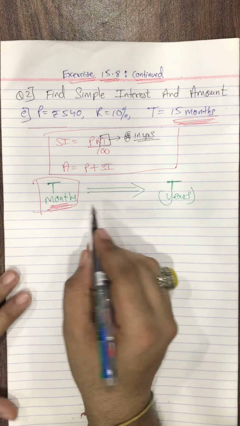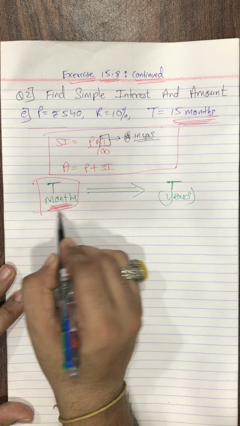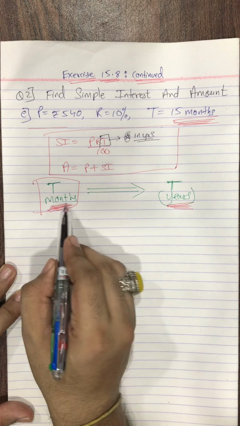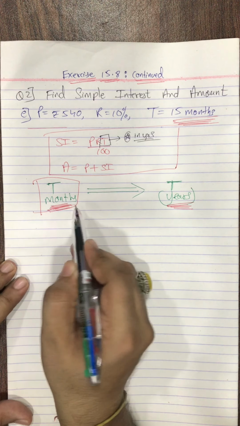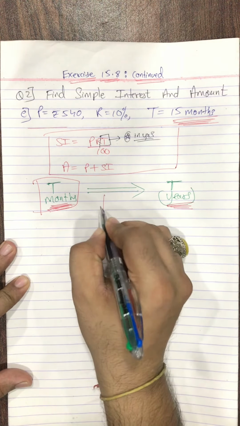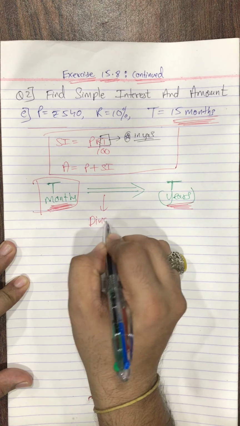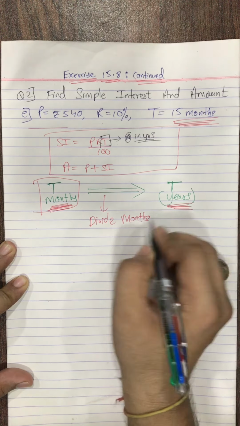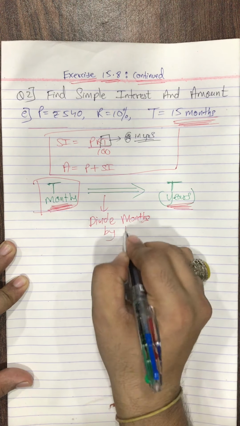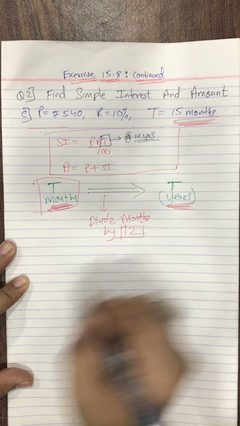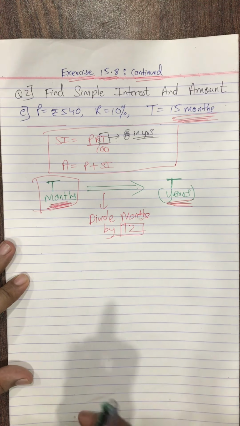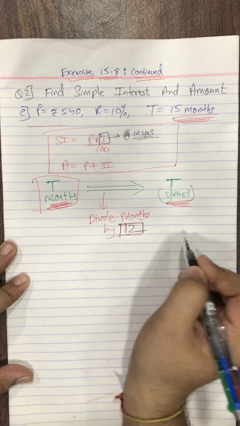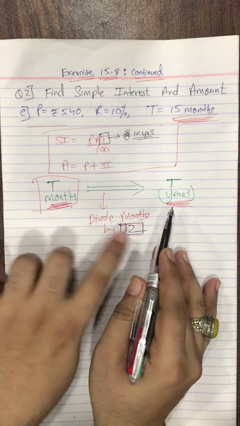So whenever the time period is given in months and you need to convert it into years, you have to divide the months by 12. If you divide the given number of months by 12, you convert the months into years.